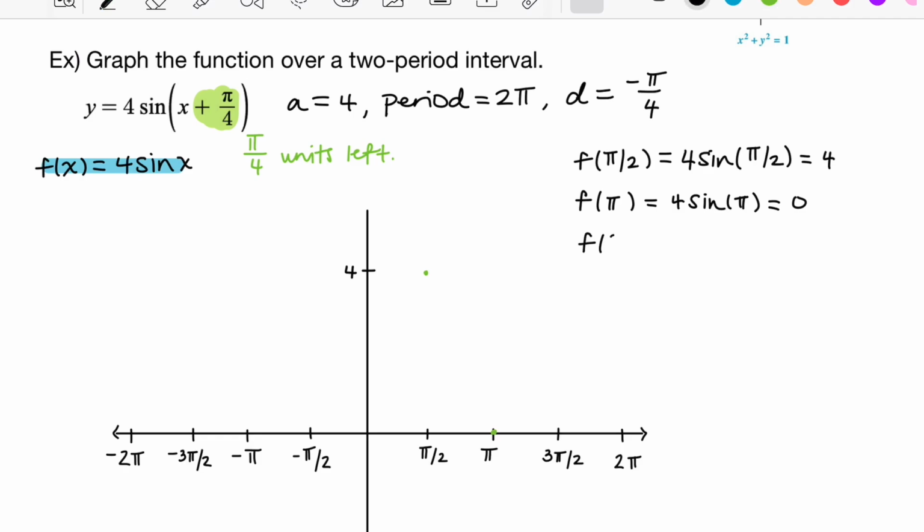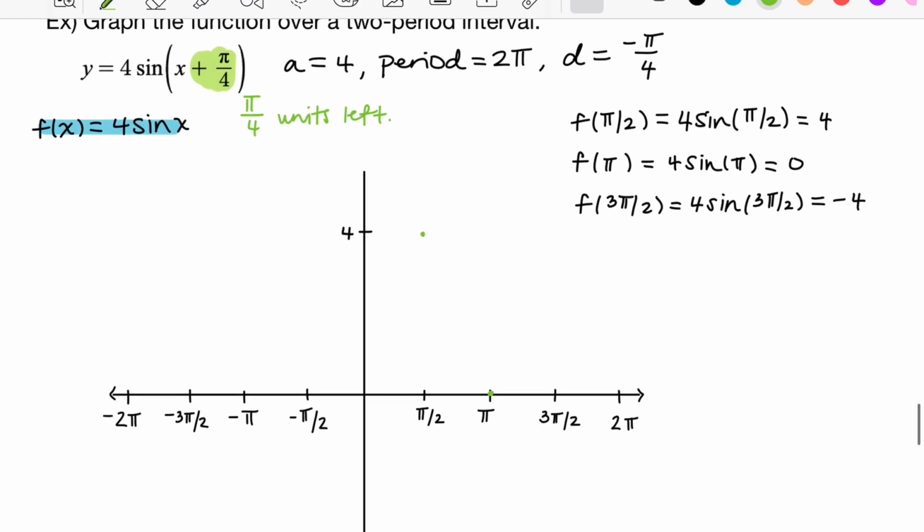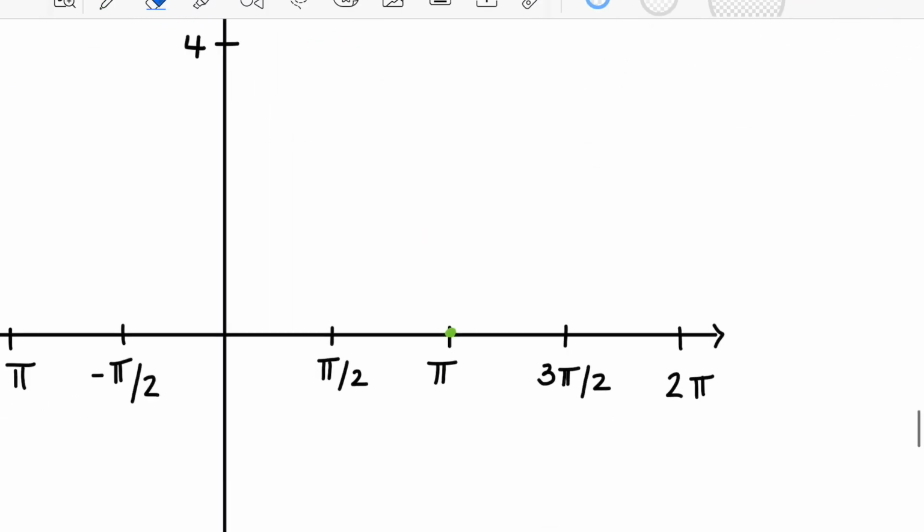Then evaluating this at 3 pi over 2, sine of 3 pi over 2 is negative 1, so this will give us negative 4 here. And then repeating this process, plugging in 2 pi, we'll get 0 here.